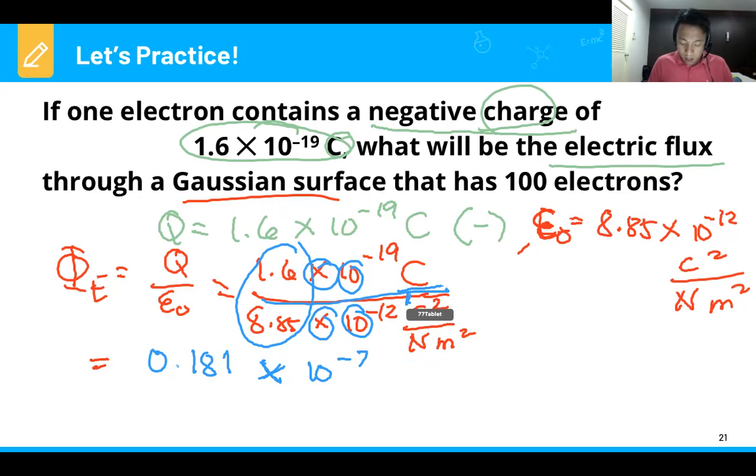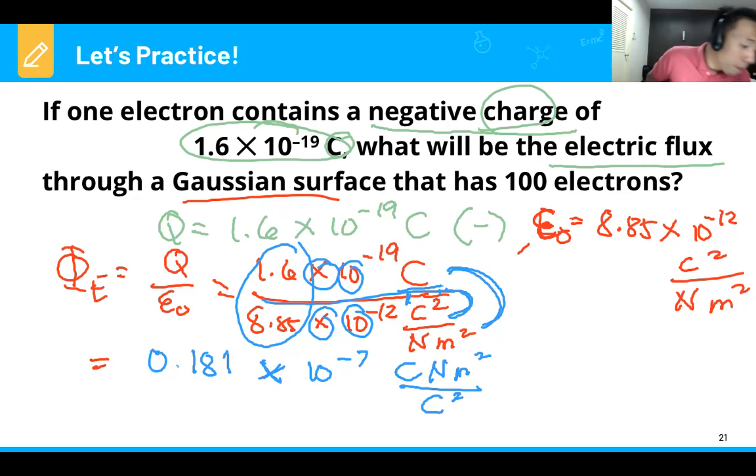I will put 1 there, so it will become C multiplied by N m squared over C squared times 1 is C squared. Now, since here we can cancel some of the units, we can cancel 1 coulomb, so the lower part will have only 1 coulomb.